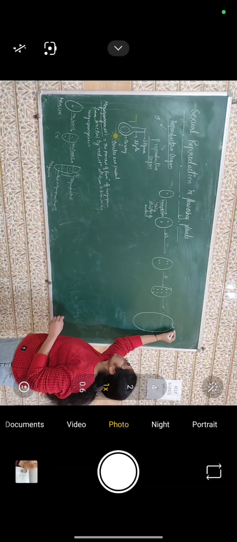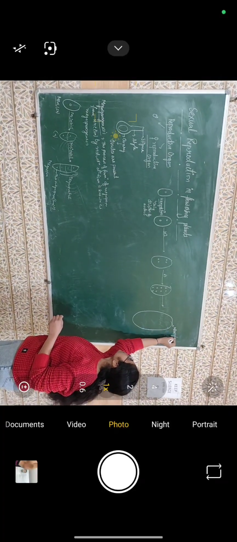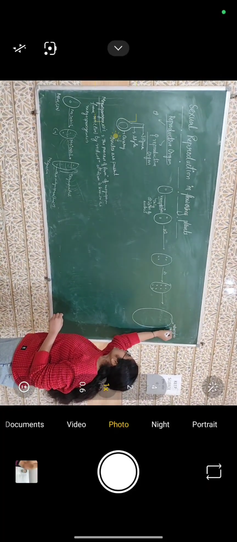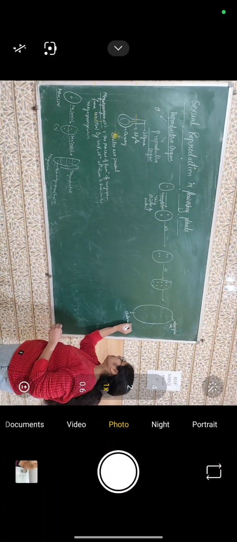So basically, the upper pole is known as the micropylar pole and the lower pole is known as the chalazal pole.